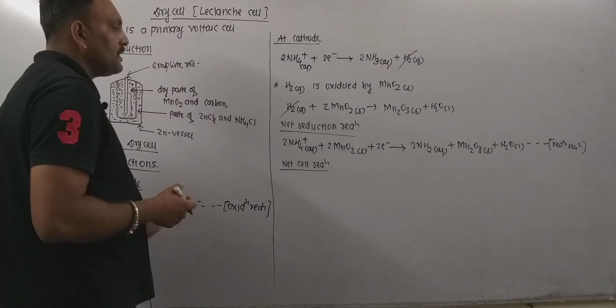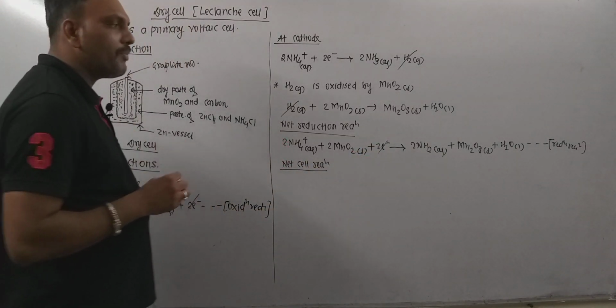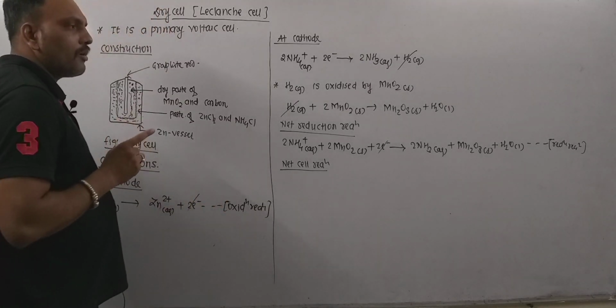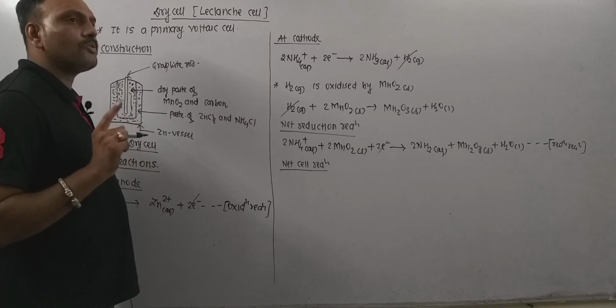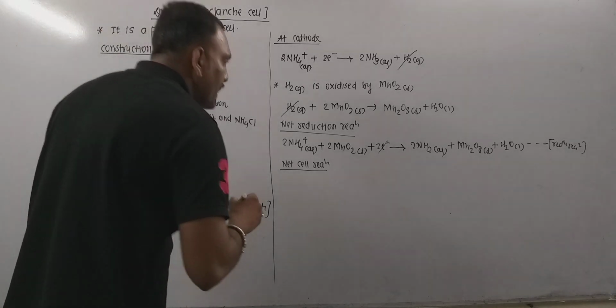When we add these two, the electrons ultimately get cancelled. The point to be remembered is that in a redox reaction, no electron must be seen. So electrons must get cancelled. So by adding these two, what do we get?